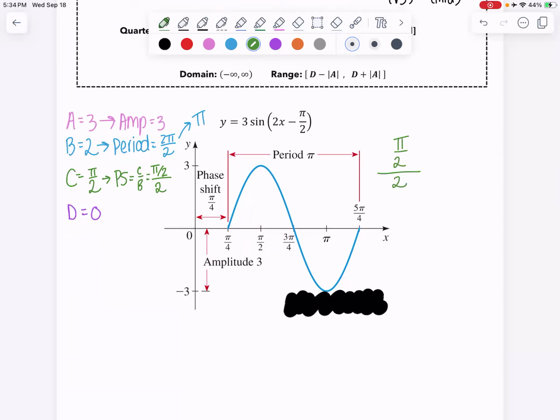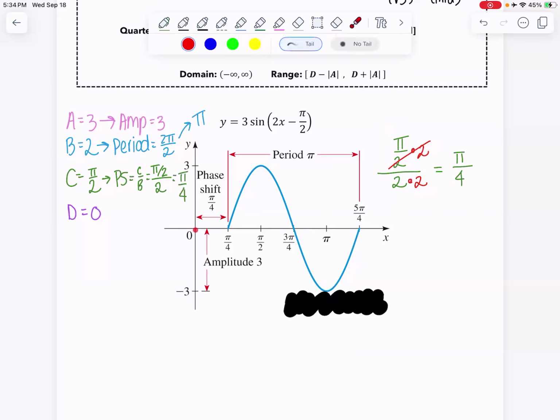When I simplify something like this, you could make this into a fraction and then flip and multiply, but I find it a lot easier, if you have a fraction within a fraction, to multiply the numerator and denominator of the big fraction by whatever number will cancel out the denominators. So I'm multiplying by 2 because it'll cancel those out. Then all you're left with is pi in the numerator, and 2 times 2 is 4. So pi over 4 is the phase shift.